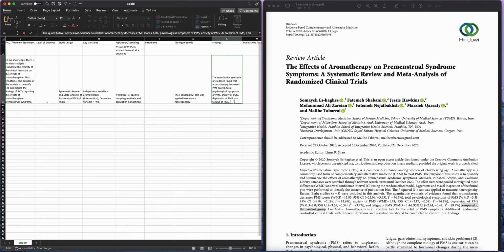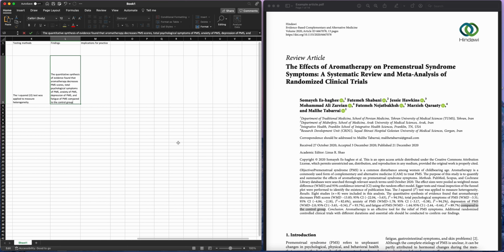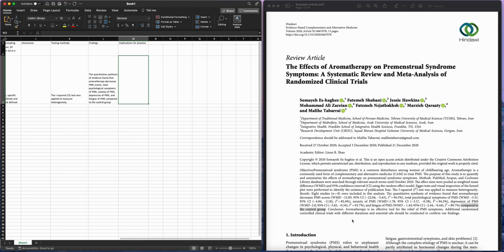So what that's saying is that between two groups of women, or menstruating people rather, that are experiencing PMS, one group used aromatherapy and felt better in all these different aspects. And so implications for practice is the last one. And this kind of, the conclusion kind of touches on that.